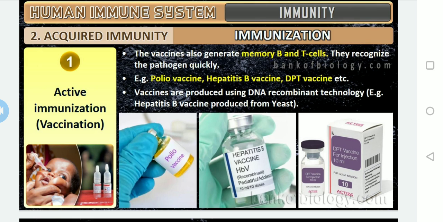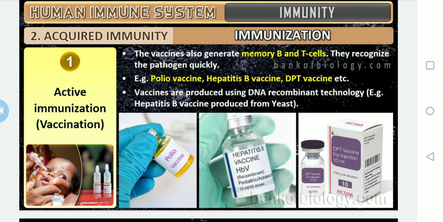They recognize the pathogens quickly. Examples: the polio vaccine, hepatitis B vaccine, even DPT. These are given in the early stages, so whenever the actual infection happens in the future, the body is already prepared, so that it can avoid further higher damage in the later stages.